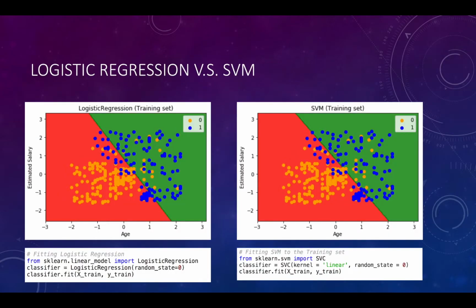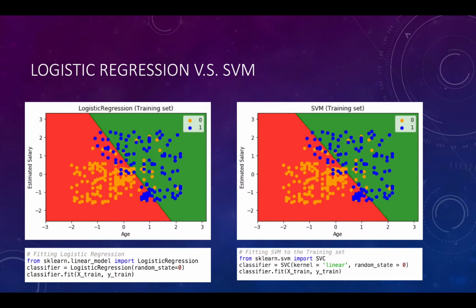Now let's go back to our original problem. How do we draw those boundaries using these skills? We know that logistic regression has a linear boundary. It's shown in the left diagram.